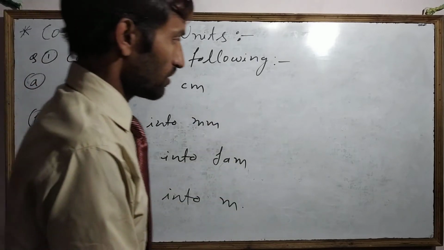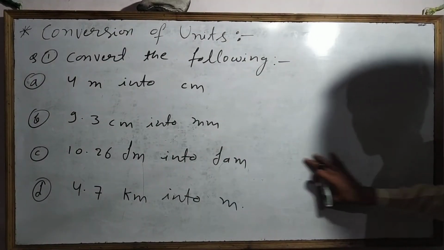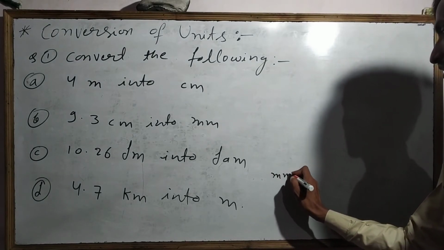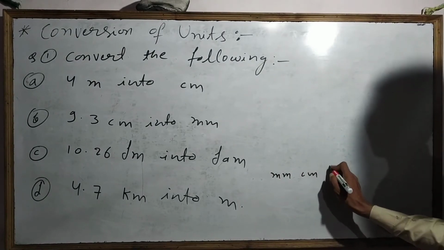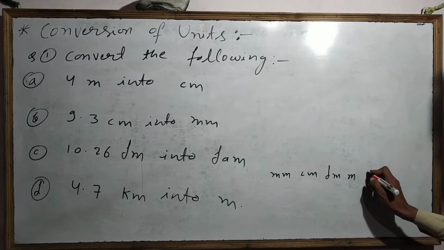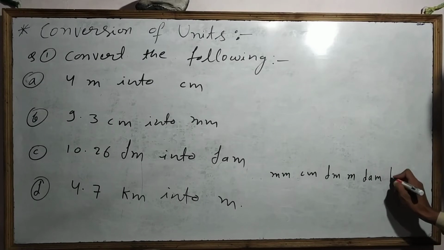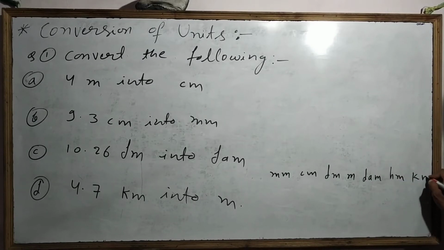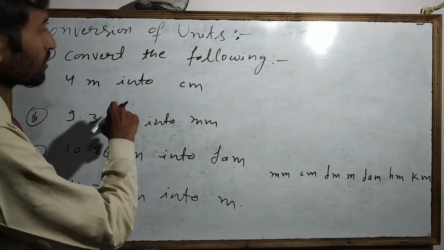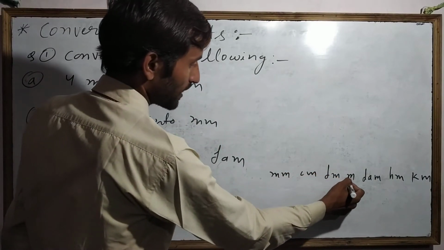If you write the same thing here, you can write millimeter, and this one is centimeter, then decimeter, meter, then decameter, hectometer, and then kilometer. Now just see, we want to go from meter to centimeter, from this side to this side.